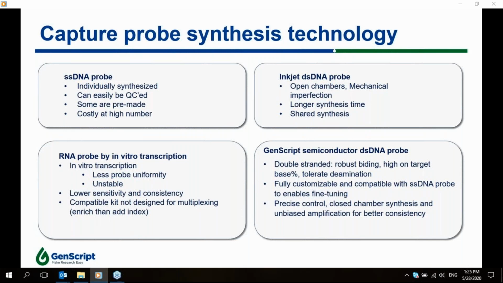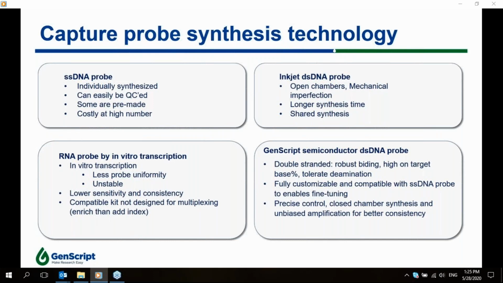They can also be double-stranded DNA made either by inkjet DNA printing technology or the semiconductor technology I have been talking about. I won't go into details of each of them, but I have listed some of the characteristics for your reference. All similar NGS capture probes available on the market currently are based on one of these.